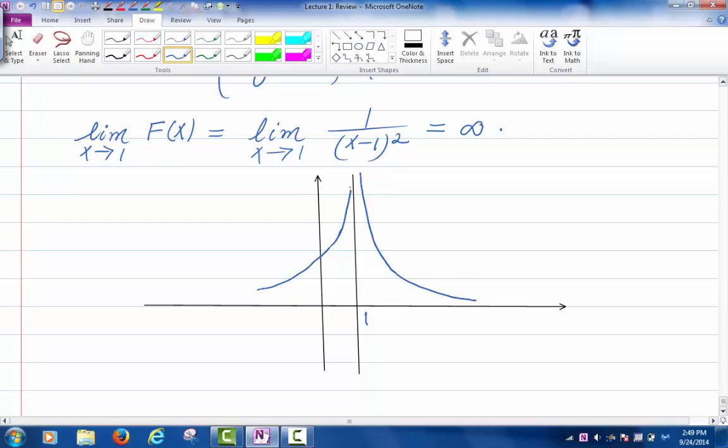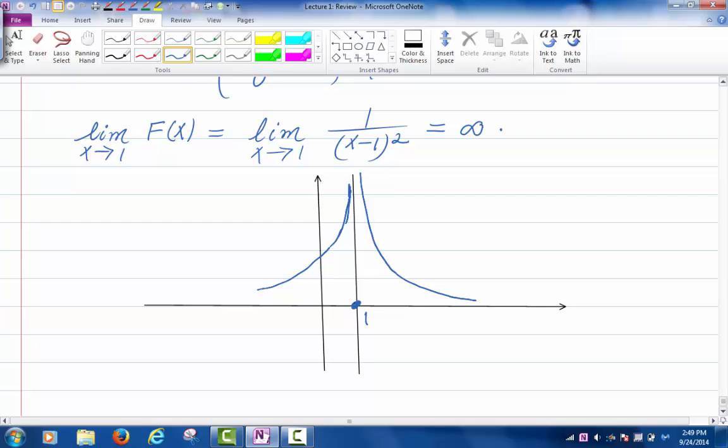At 1, these are supposed to be symmetric, right? They should be mirror images of each other on both sides of 1. But okay, that's my limitation of drawing here. So what was the value of the function at 1? It's 0. So that's how the graph looks.